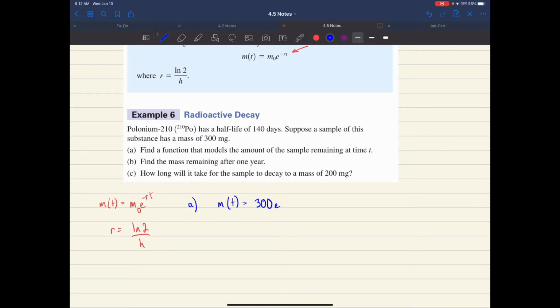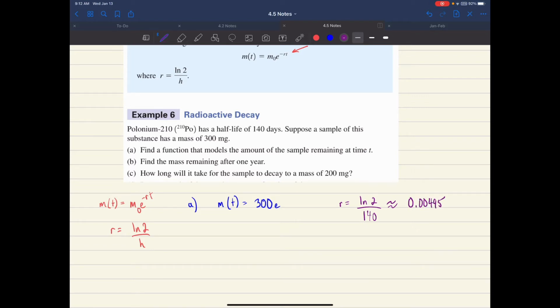So we'd first find r by using the natural log of 2 divided by the half-life of 140. And if you calculate that out, it is approximately 0.00495.